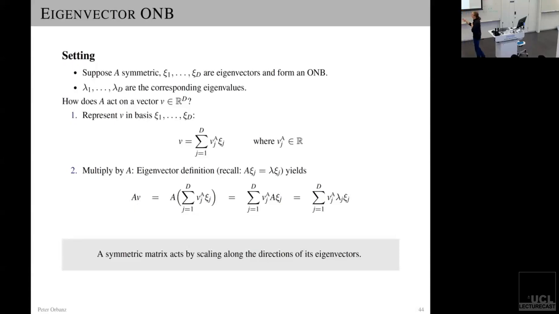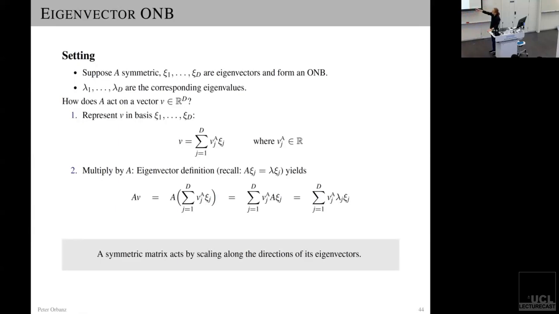Here's our arbitrary vector. We write that in the eigenvector basis psi 1 to psi d. So that vector gets expanded in the basis: it's the sum of the basis elements, and each basis element is multiplied by some scalar value. This is how you represent a vector. If you write the vector in the usual list form with respect to that basis, those scalars would be the entries.